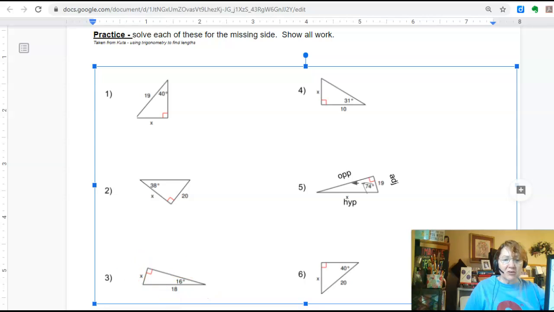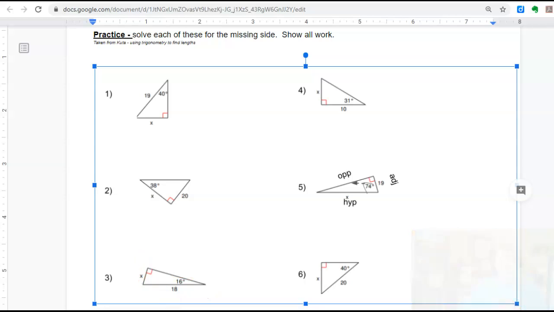So we have the sine of 16 equals x over 18. Since it's divided by 18, I multiply both sides by 18 to solve that one. I'm going to let you finish that one.